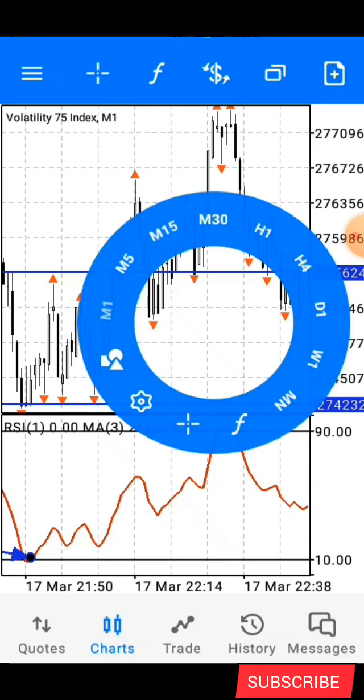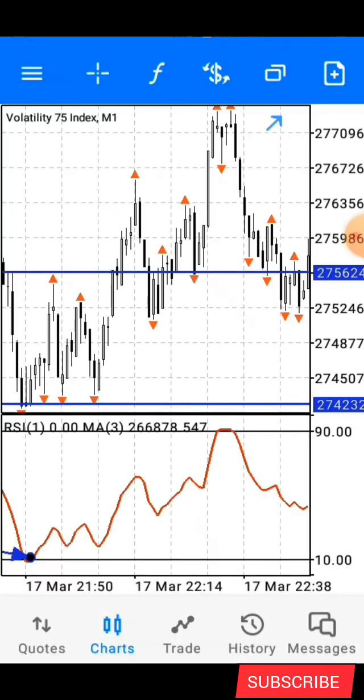Now for the shooting star or doji or whatever you may call it, you can see here this is a bearish shooting star, and also a bullish and a bearish shooting star appearing here. What is this telling you?